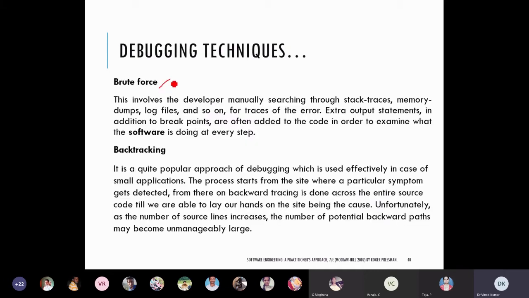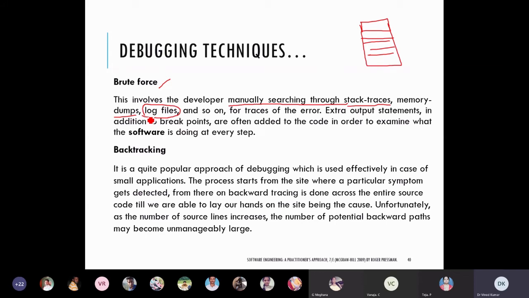So in the brute force debugging technique, how is it done? It involves the developer manually searching through the stack traces in the memory. You have heard the name stack; in the stack the data is stored. A memory dump will be there, and some log files will be generated when we are running the applications.